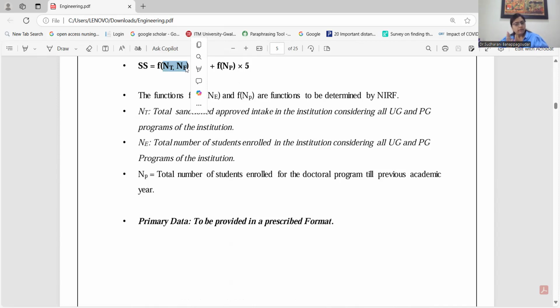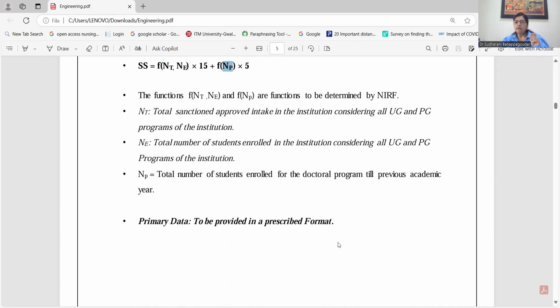And for NP also, the maximum value is capped at 0.2. That is, it would be capped at 0.2.